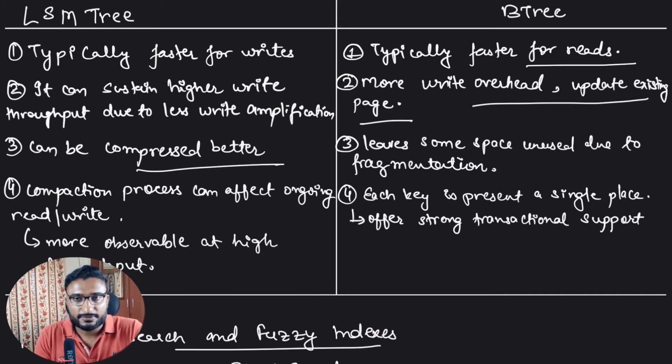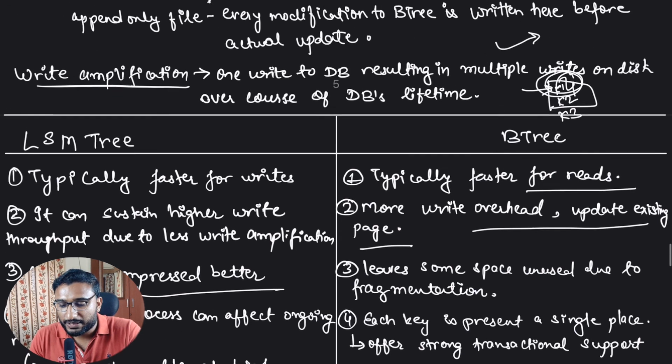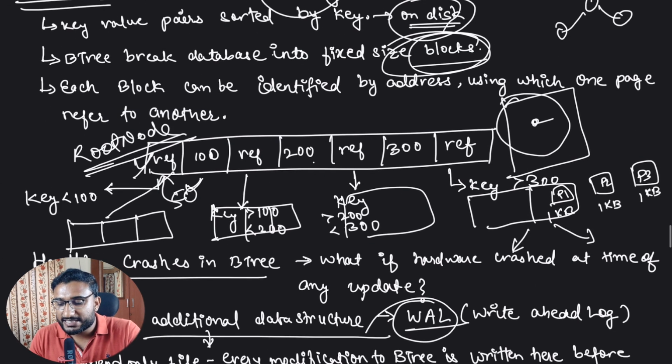LSM trees can be compressed better. We already discussed how it is done. In case of B tree, it can leave some space unused due to fragmentation. We mentioned that we will create pages in B trees, like let's say I created pages of 1 KB each. It is a possibility that the data you are storing is less than 1 KB, let's say only 800 bytes.